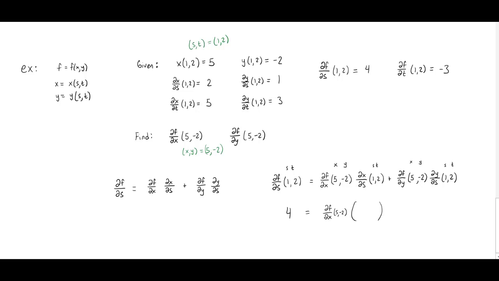The partial of x with respect to s at this point 1, 2 was given to be 2 in our problem. And likewise here, the partial of f with respect to y, again, is one of the things we're looking for, so I'm just going to copy it down. But I do know that the partial of y with respect to s was equal to 1. So I plug in the numbers that were given, and that gets me one equation.